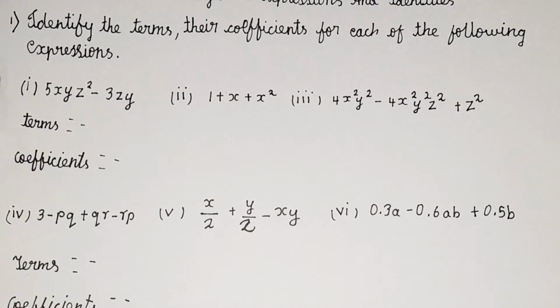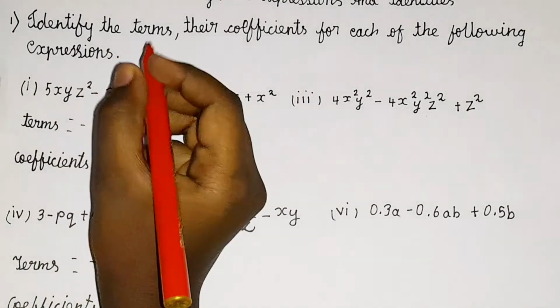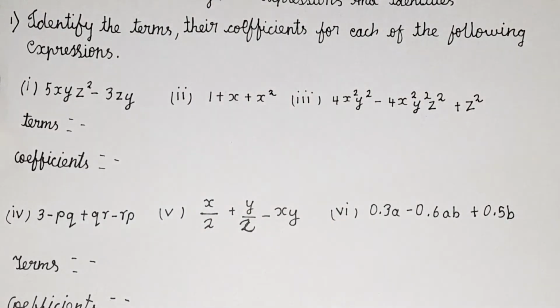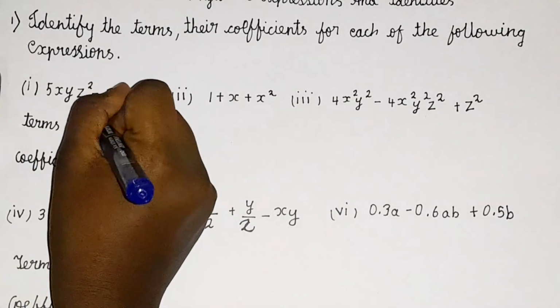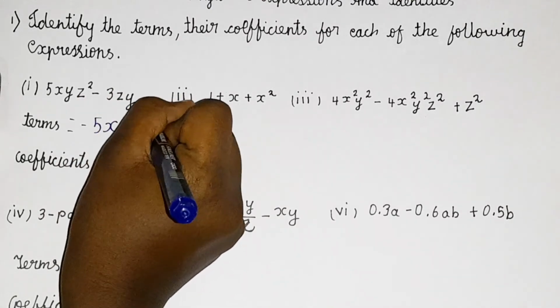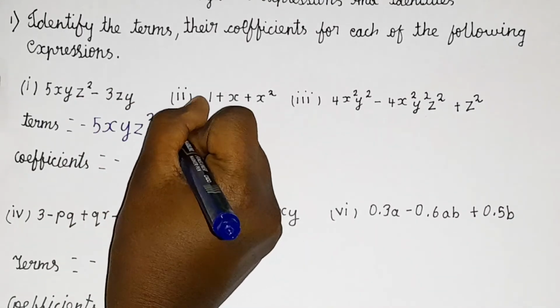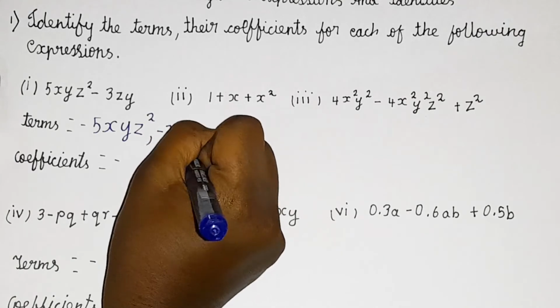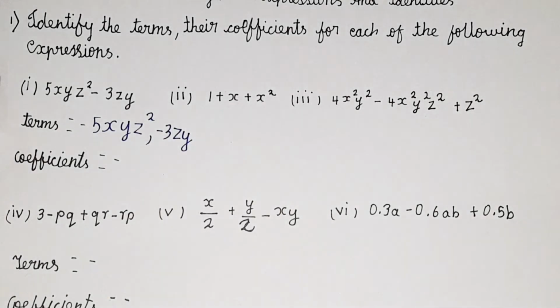The first question you already know. The answer is 5xyz square, comma, minus 3zy. So these are the terms.